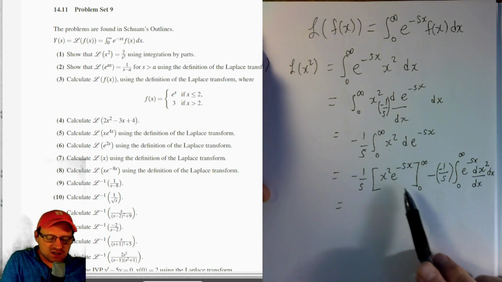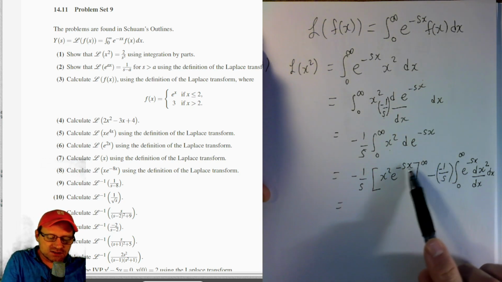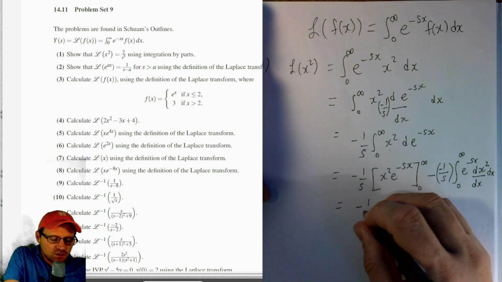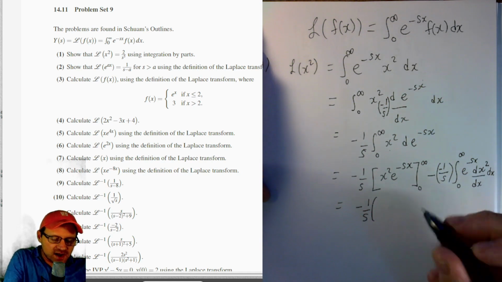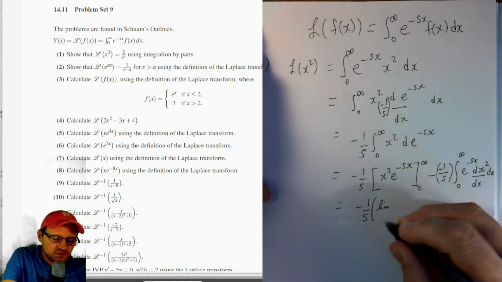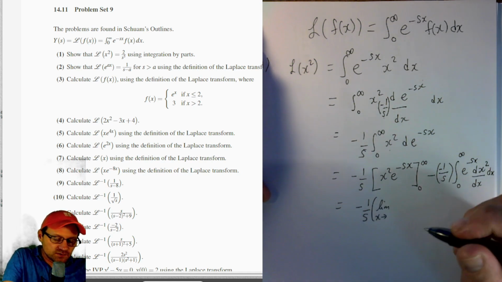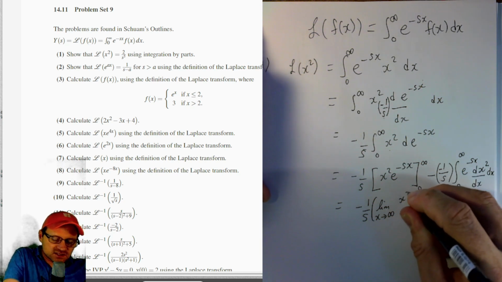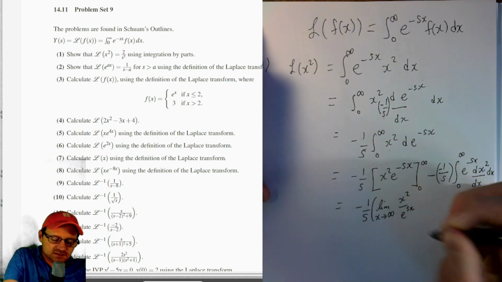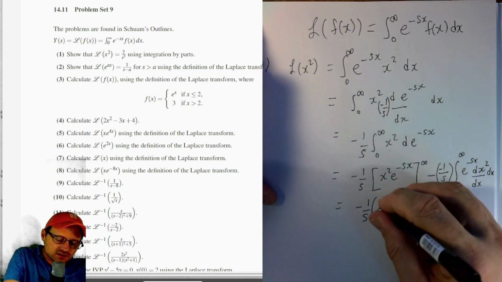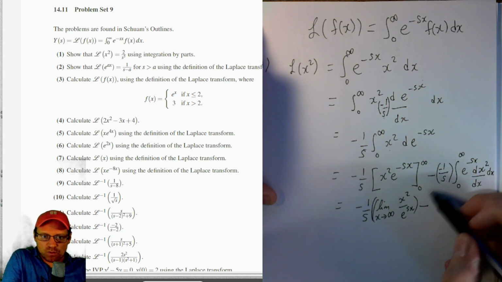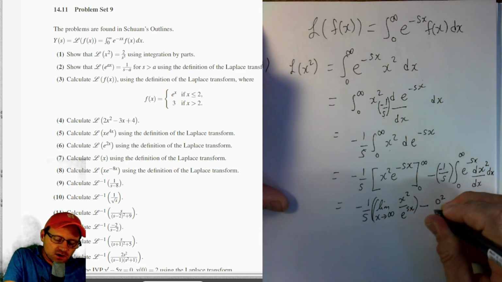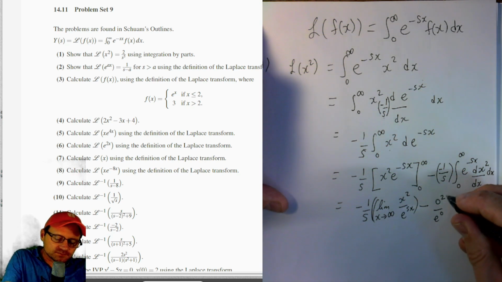So let's simplify this here. Okay, so we should come along and not insert that infinity there, but take a limit. So minus 1 on s, and so inside the brackets we have the limit as x goes to infinity of x squared over e to the sx, and then we subtract what happens when we sub in that 0 for x. So we have 0 squared over e to the power of 0.